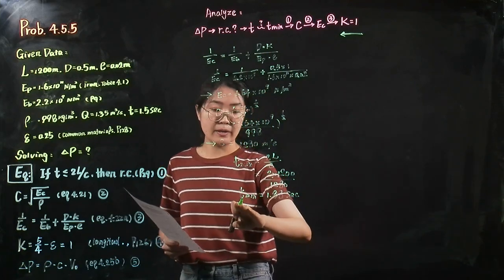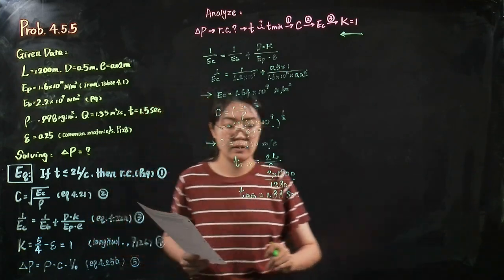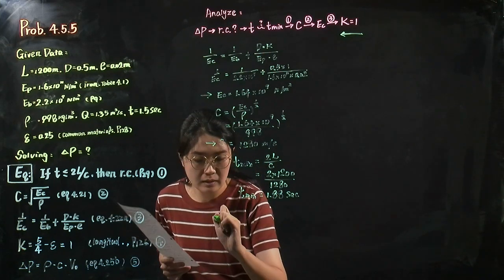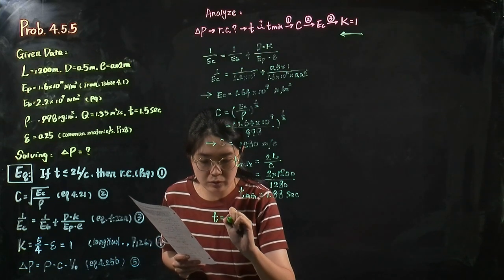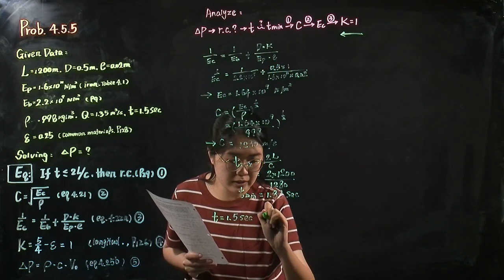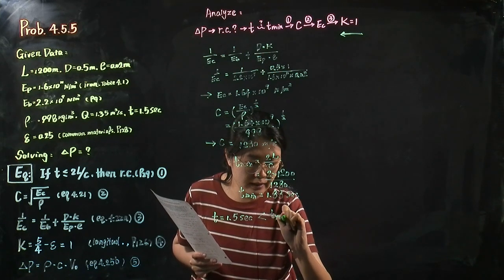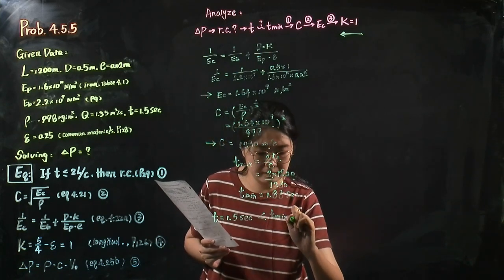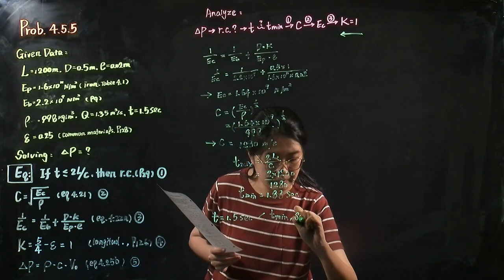And we need to compare the minimum time with the time given in the problem. Because the time to close the valve equals 1.5 seconds, which is smaller than the minimum time to prevent the rapid closure, there is a rapid closure happening.